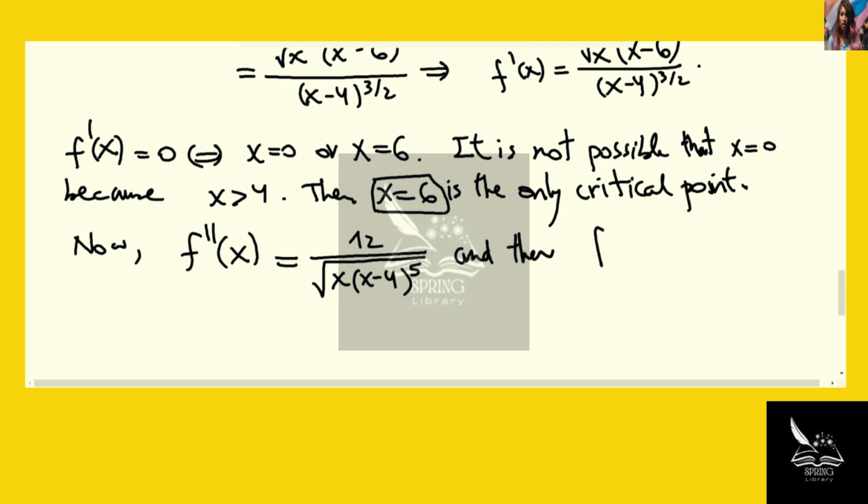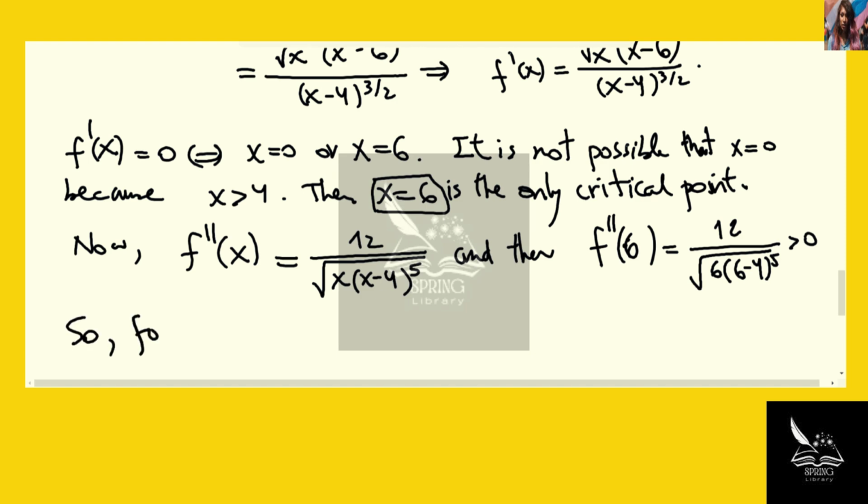And then the second derivative at the critical point 6 gives us 12 over the square root of 6 times 6 minus 4 to the 5th, which is a positive quantity.